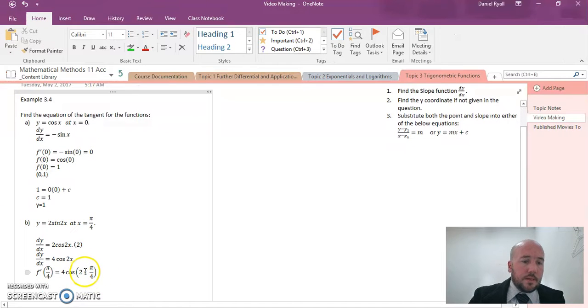When we simplify, 2 lots of pi on 4 is just pi on 2. So we're trying to find what cosine of pi on 2 is.